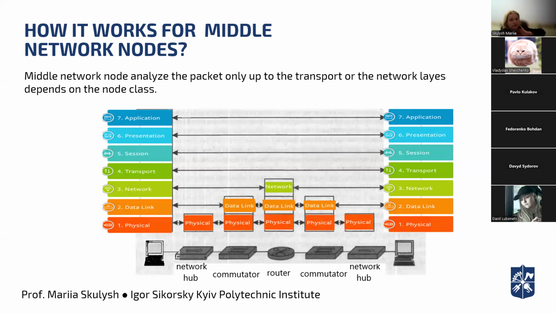So it is necessary to see the data link headers of the packet. And on the router, we have to repack or process the network protocol, the IP header for this packet, and understand where to send it next, because for a commutator we just change technology but without changing the route, the path of the packets.